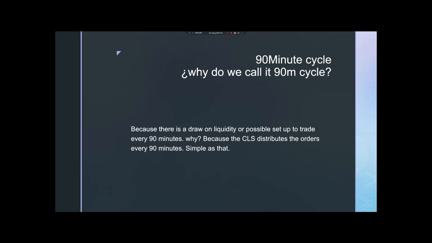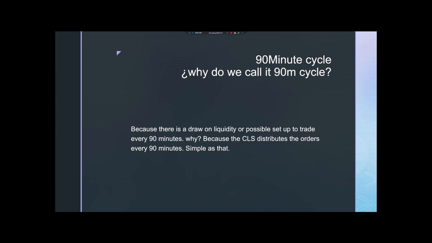So this is basically what the 90-minute cycle and CLS is. I hope you really understand, because I don't want to make it hard for you.